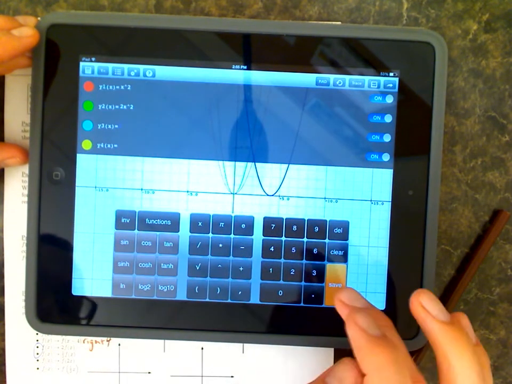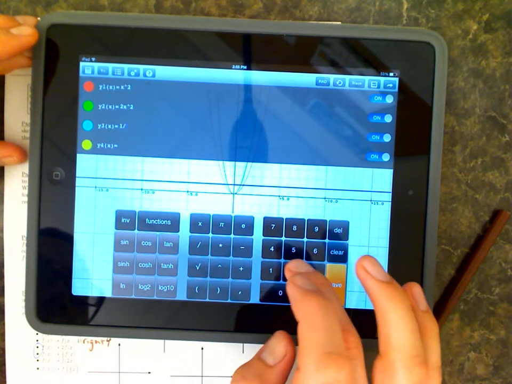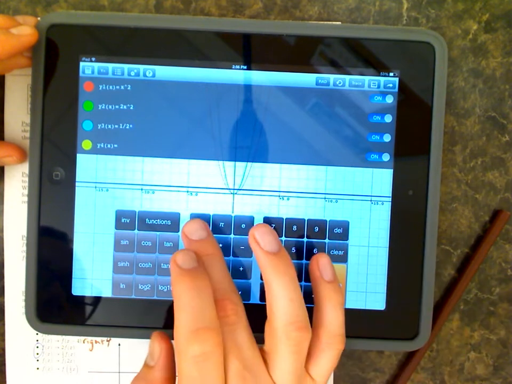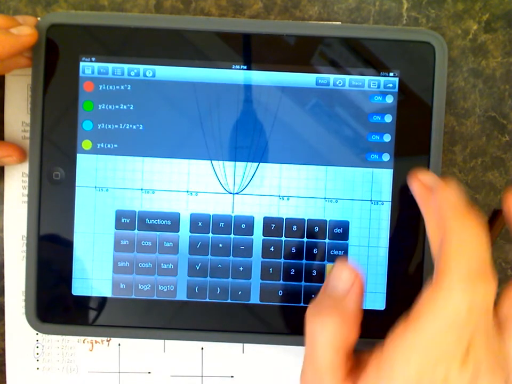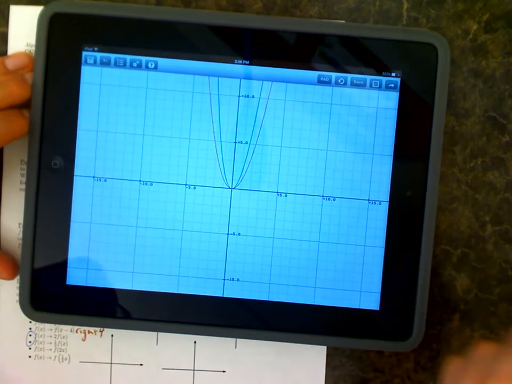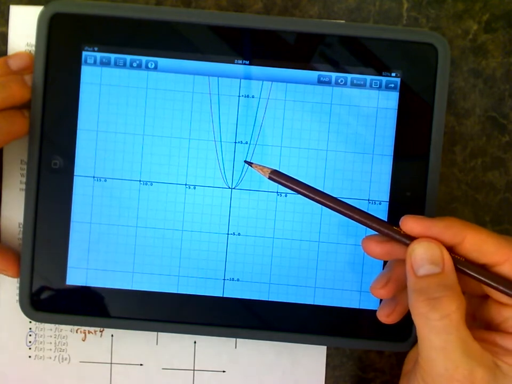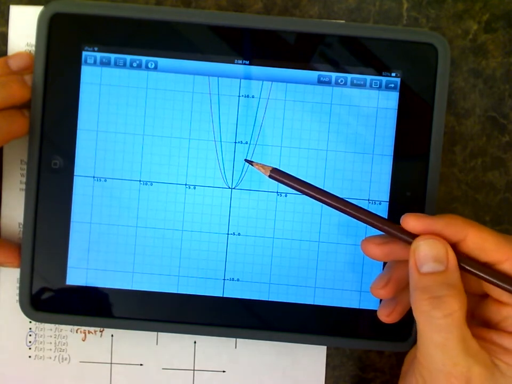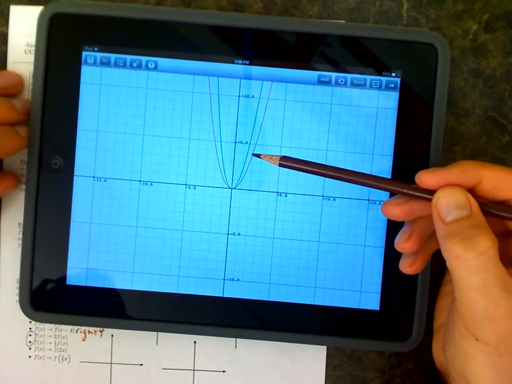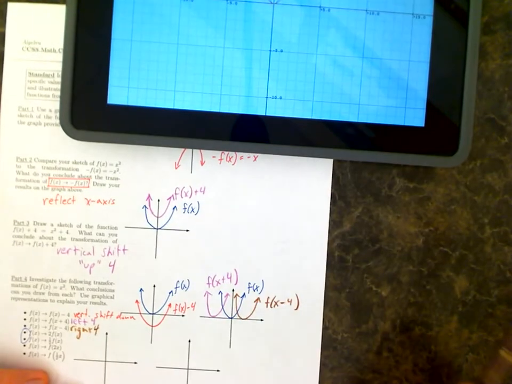And then a half of f of x is the same thing as 1/2, or 0.5, times x squared. So f of x to 2 times f of x gets a vertical stretch. The red function, or the original x squared function, gets stretched vertically. So it looks skinnier, basically.